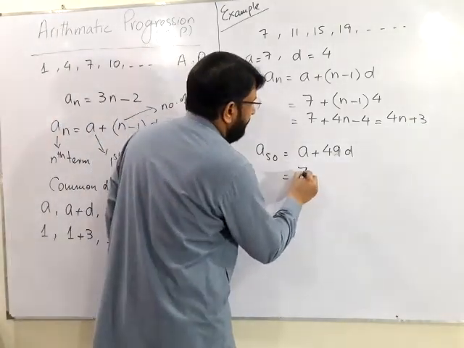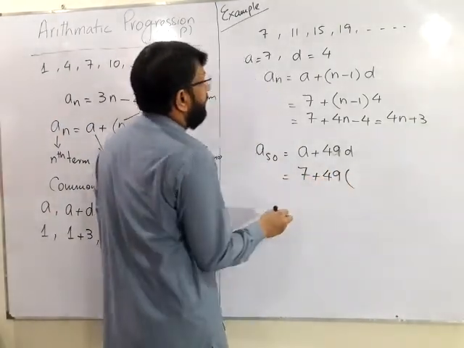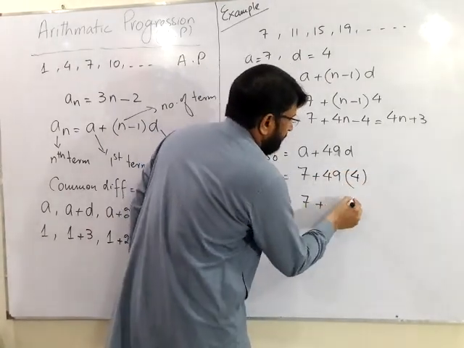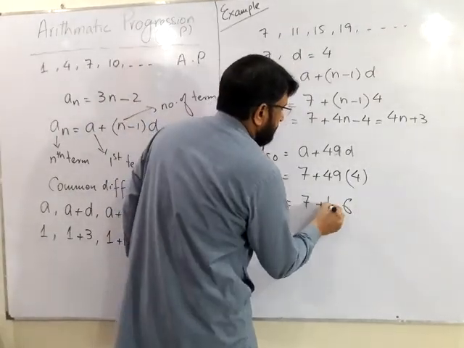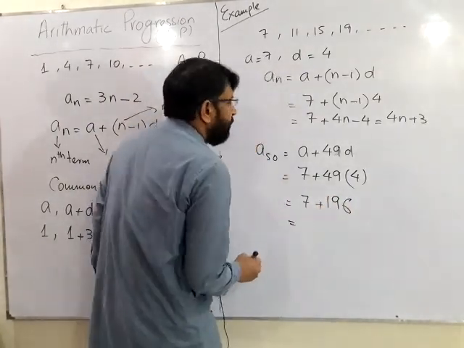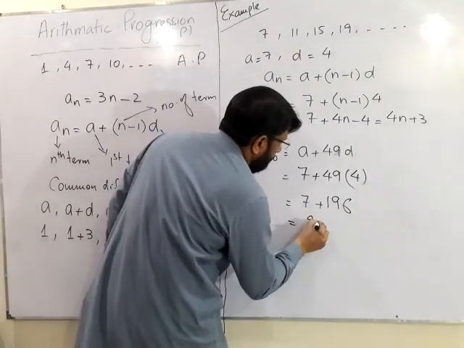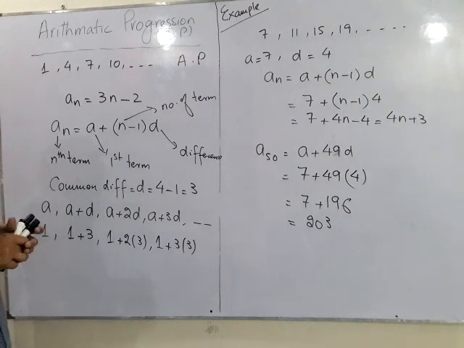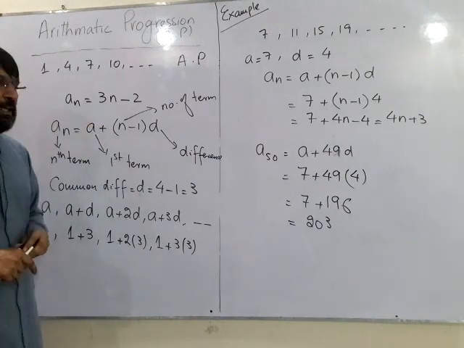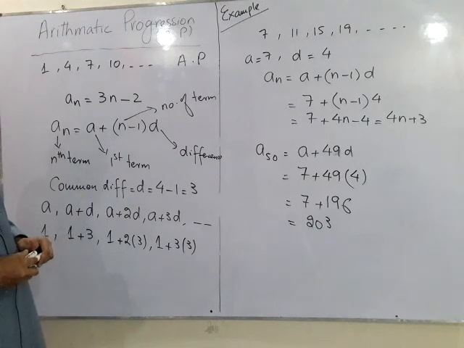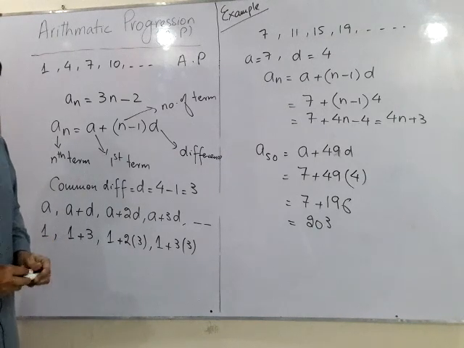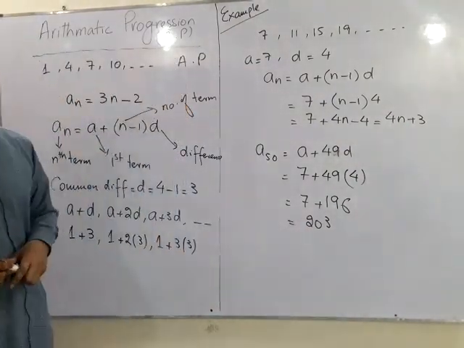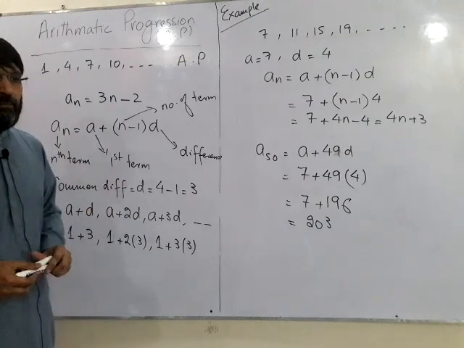A is 7 plus 49 times d, where the difference is 4. 4 times 49 is 196, plus 7 is going to be 203. So we are able to find the 50th term. This rule is applicable to find the general formula for a sequence, or some specific term: 20th, 30th, 100th, 500th, maybe any other term.